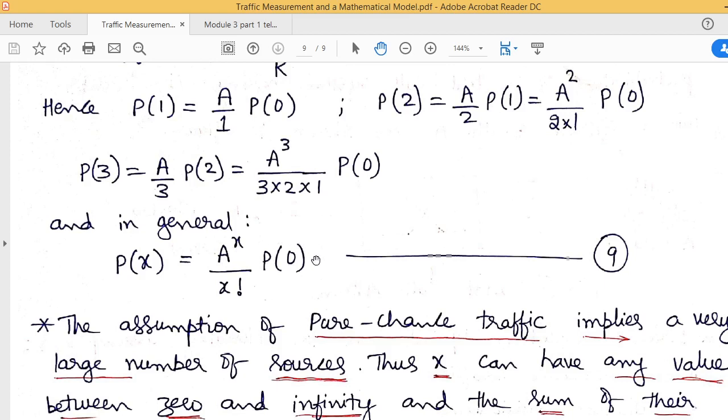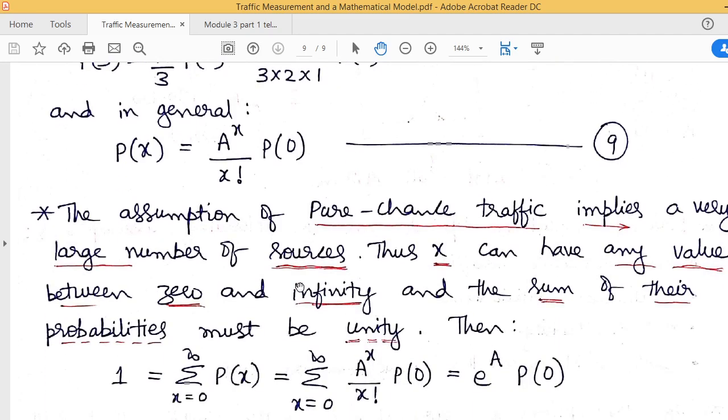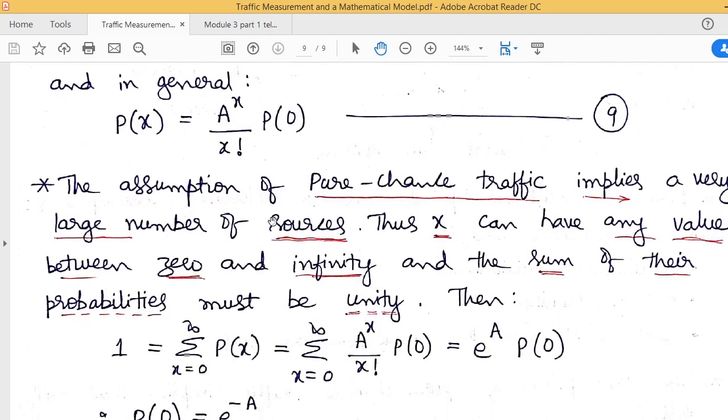So now we will have an equation for P of 0, because this needs to be calculated. The assumption of pure chance traffic implies a very large number of sources are involved. As I said before, with respect to pure chance traffic, the total traffic is generated by a large number of sources, a large number of users.